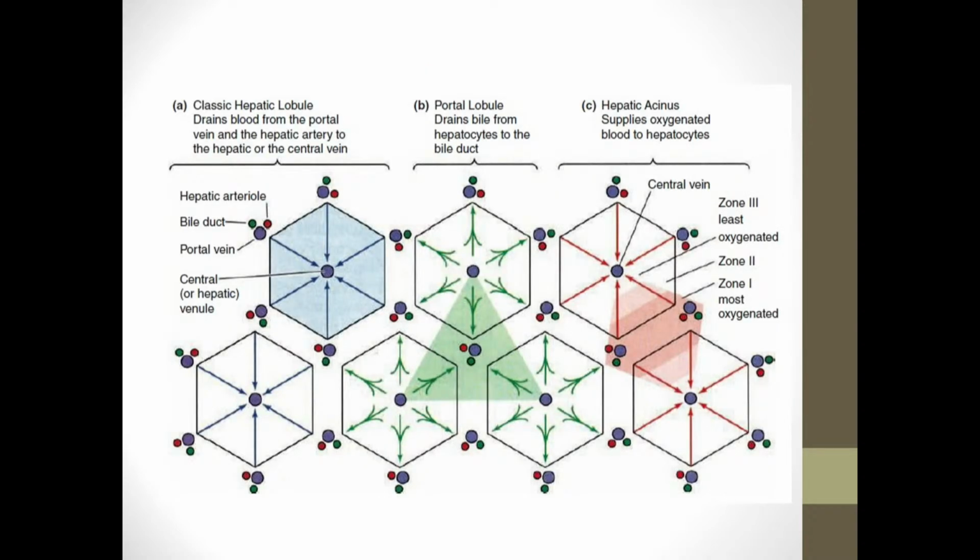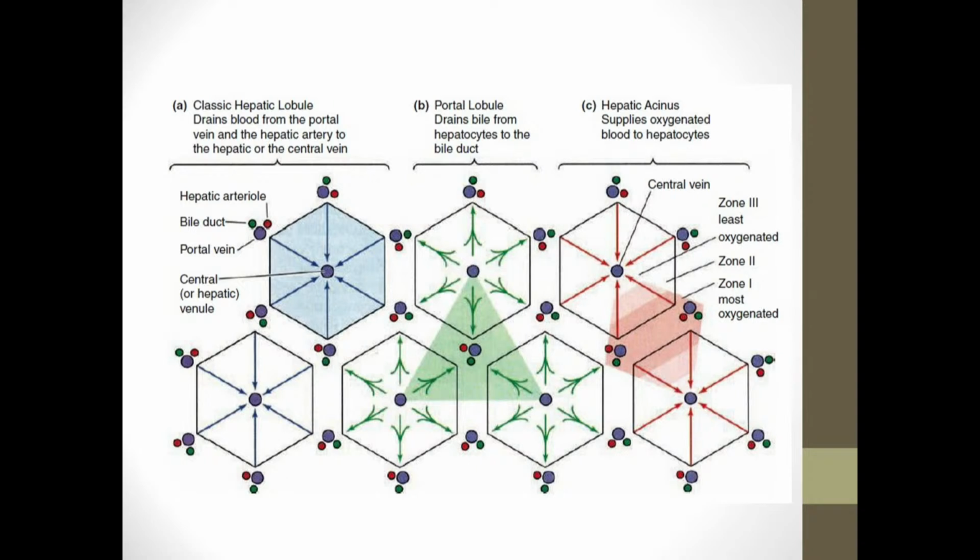Now I want to talk about these structures, which show the functions of the liver. The structural unit is the hepatocyte, but the functional units are lobules, and three different ways show the functions of the liver, starting from the first one.